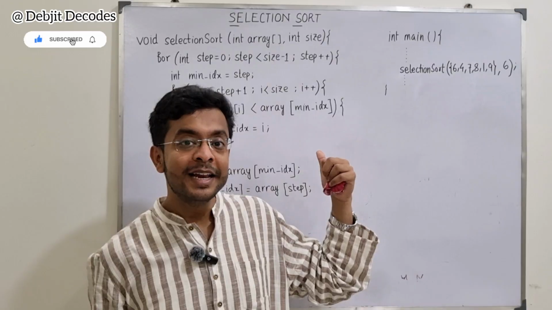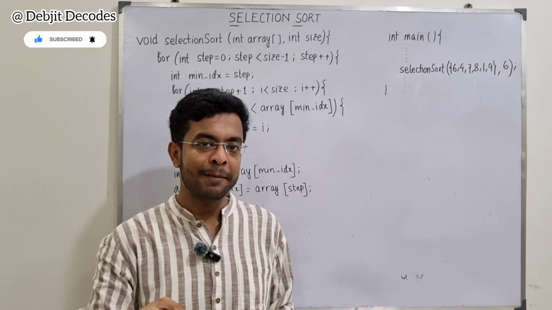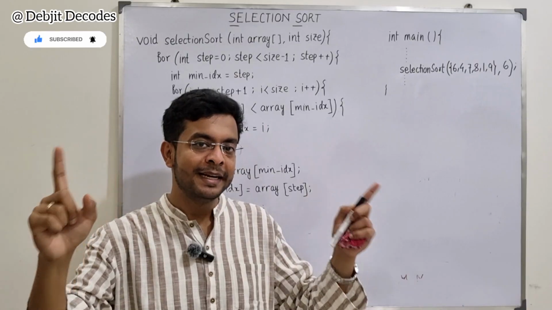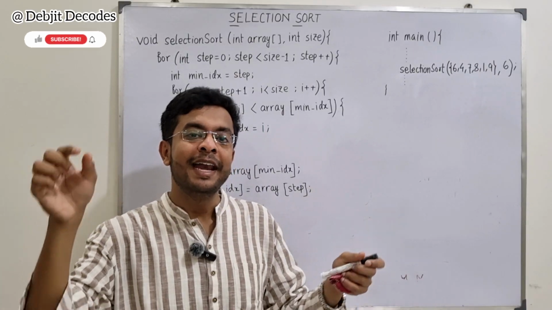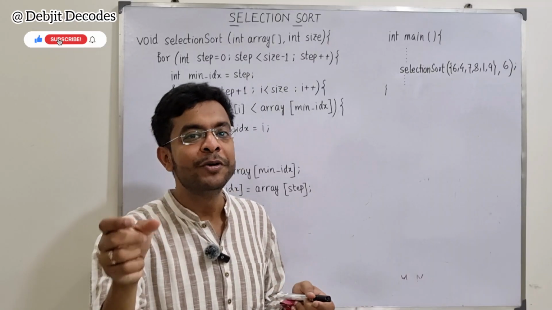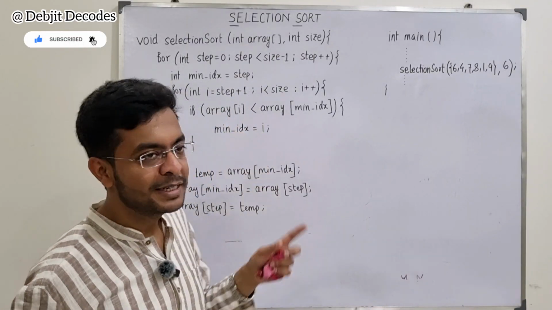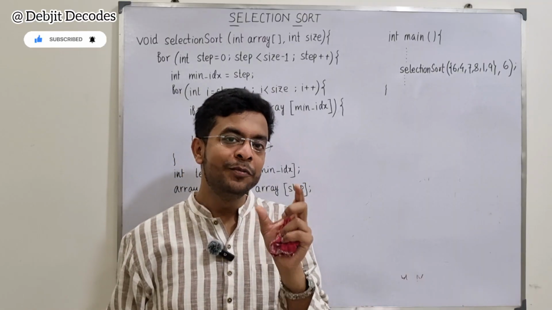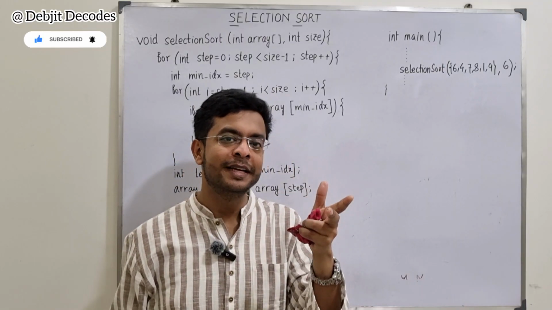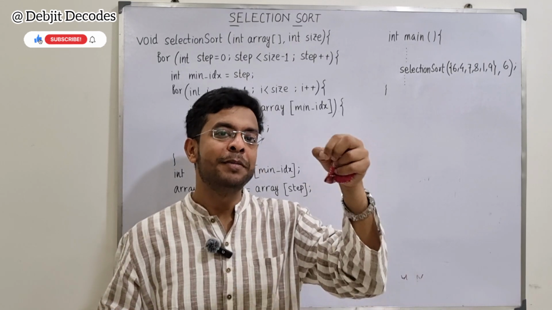Here, what selection sort does is bring out the absolute minimum element from the entire list or array, and put it at the correct position at the beginning. By default, it assumes the first element of the array is the minimum element.